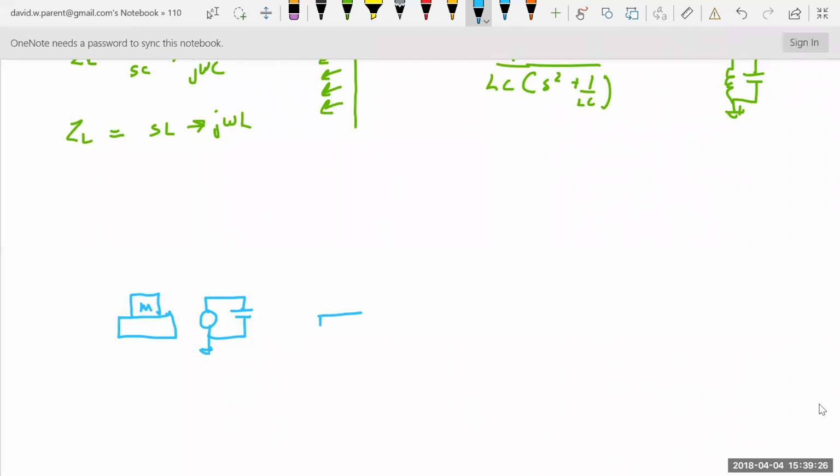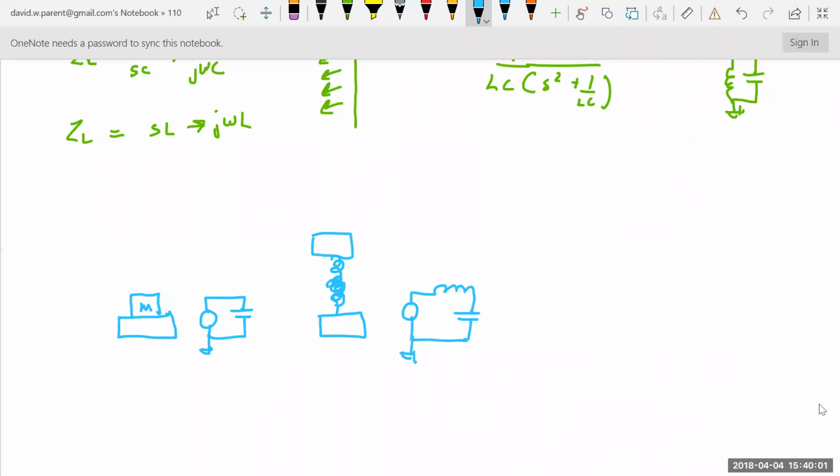We've done a platform with a spring and a mass, and that gave us this, which is uncontrolled.